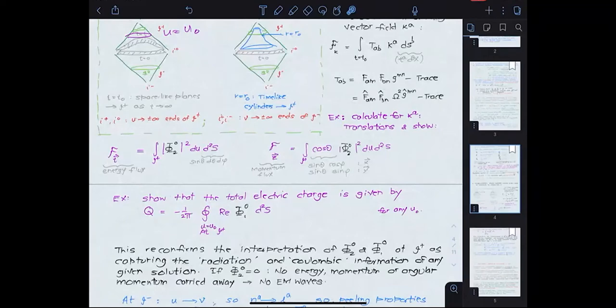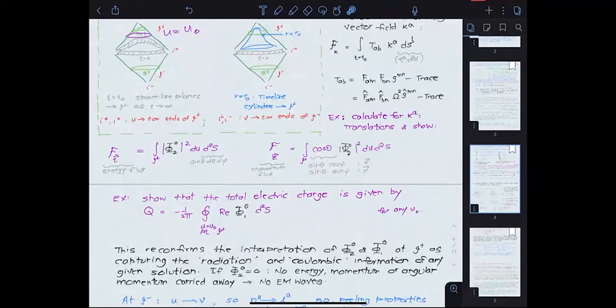Yes. So I think it will become much more clear next time. This is a good question. Here I explicitly use coordinates like u and r and so on, and I went to r equal to infinity.